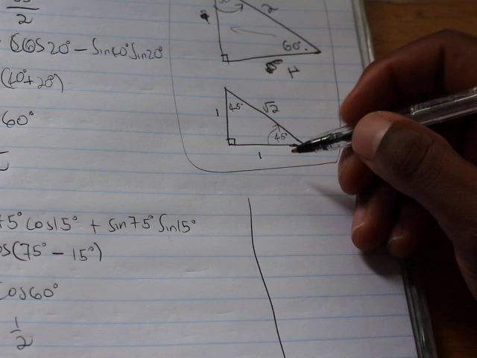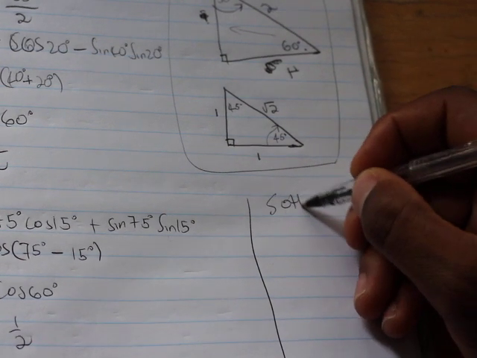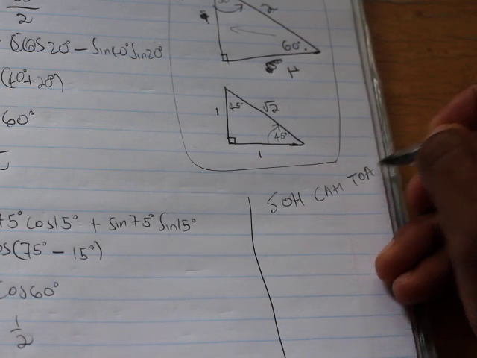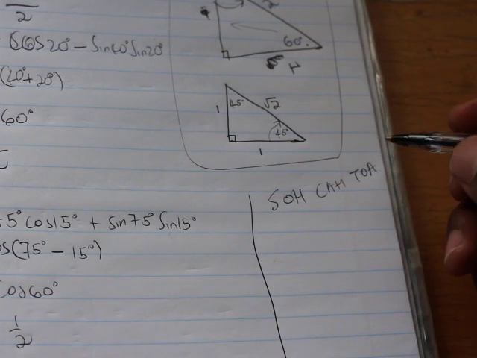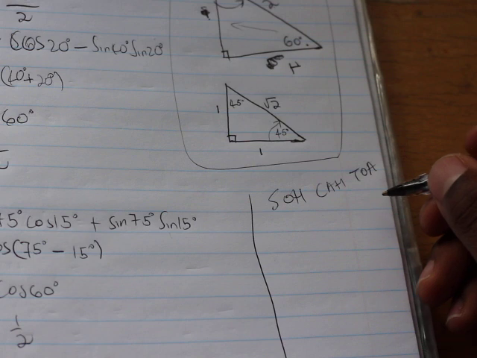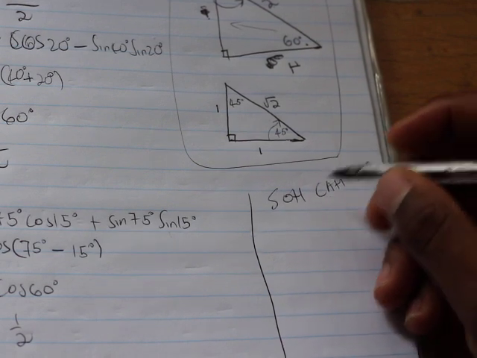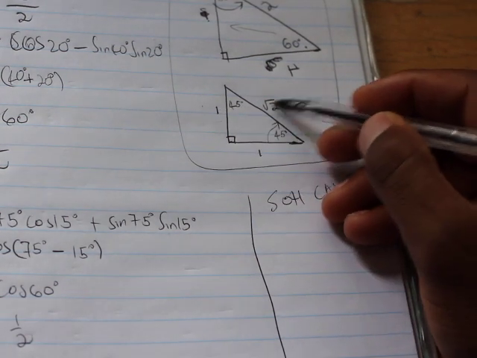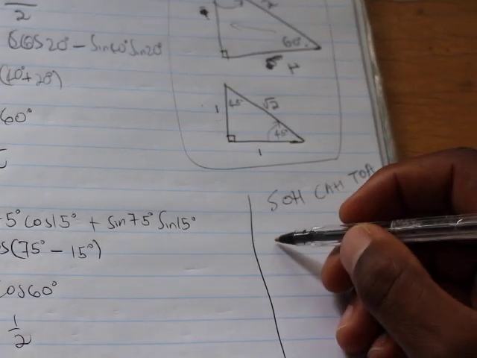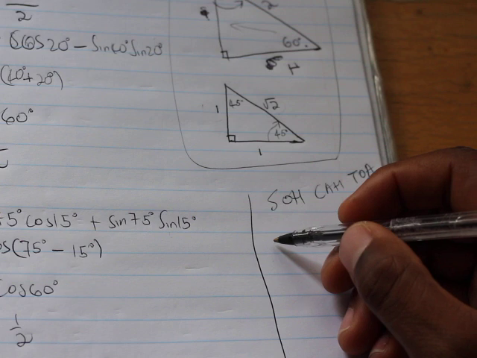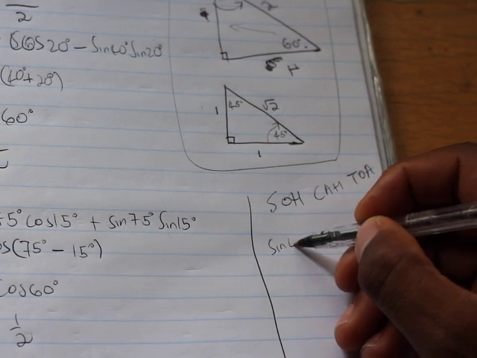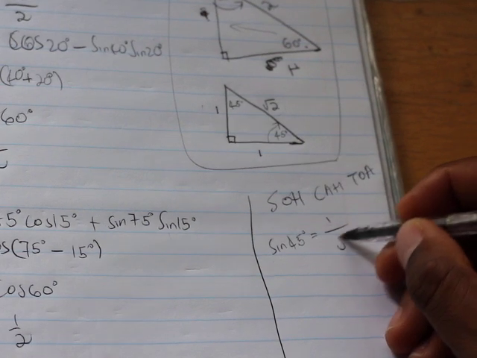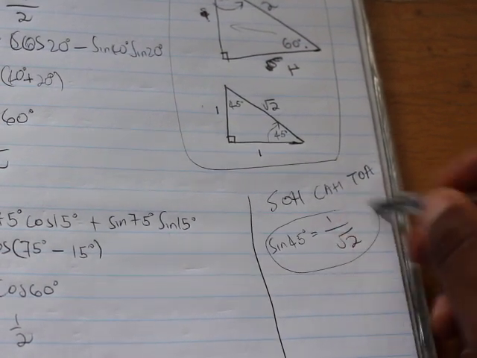Remember, according to SOHCAHTOA, what you guys did in grade 10 and 11, sine is opposite over hypotenuse, so the opposite side is this, the hypotenuse is root 2. So sine 45 degrees is equal to 1 over root 2.